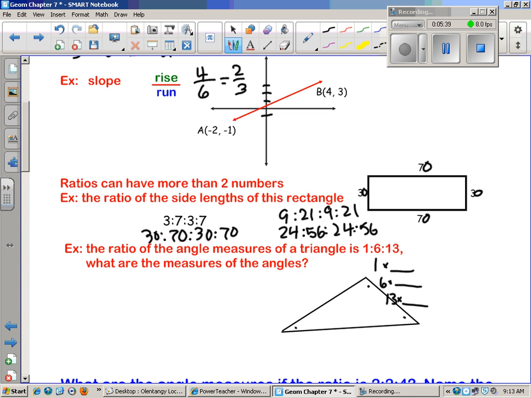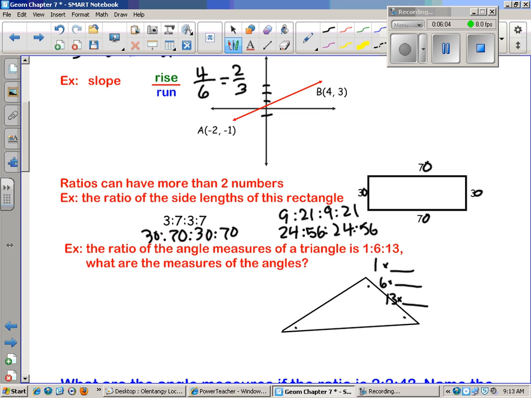Okay? So if we know they equal 180, how could I set that up as an equation? Anybody got a guess? Let's say the number that we multiply by is 2. That would be 1 times 2, 6 times 2, and 13 times 2.